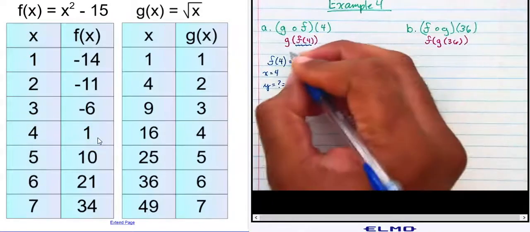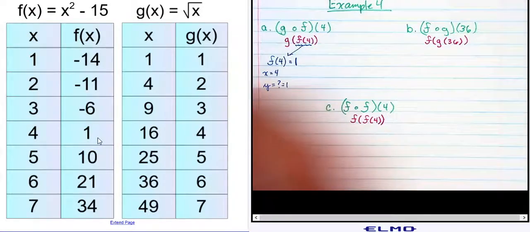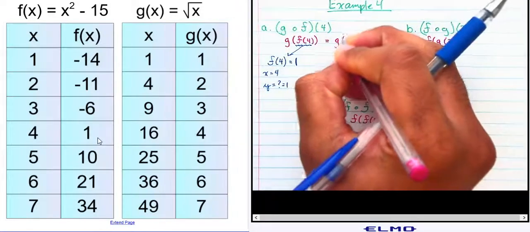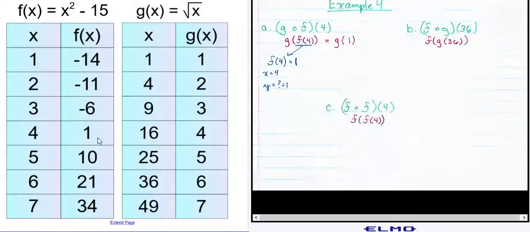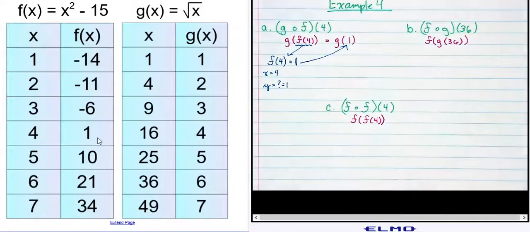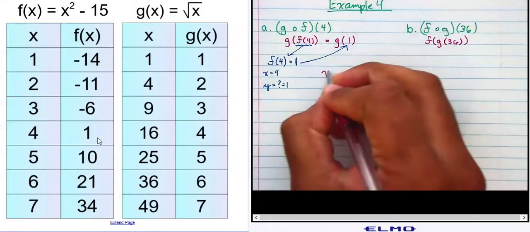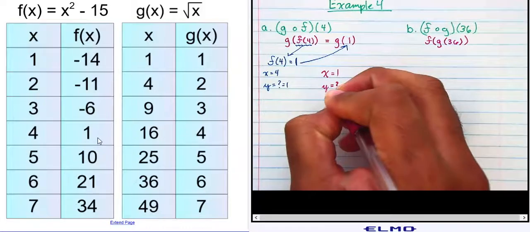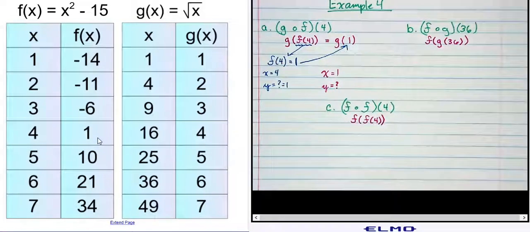All right, and so again here, we're going to rework this out. So we're going to do now g of 1. And again, here, 1 comes from this part. So when x equals 1 for g, what is your y value is what we're looking for. All right, so in g, when x equals 1, y equals 1.